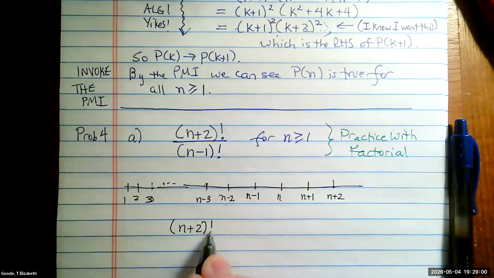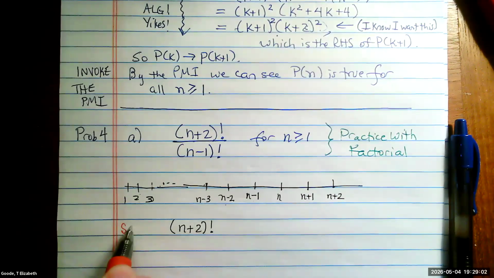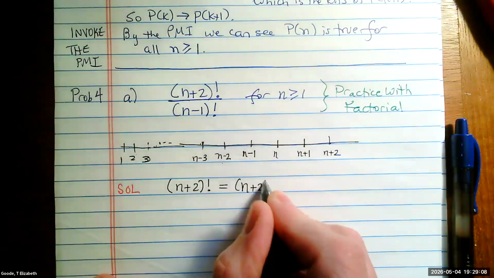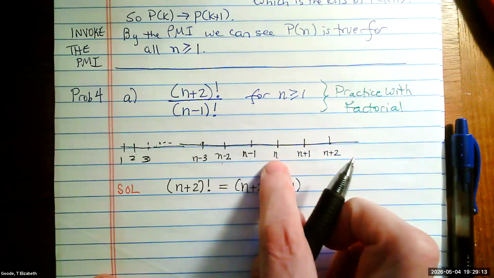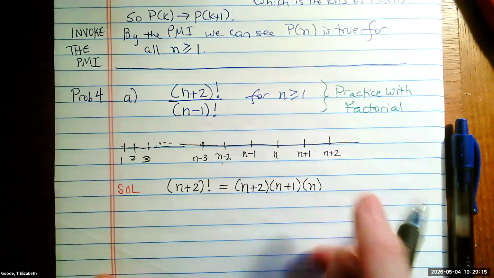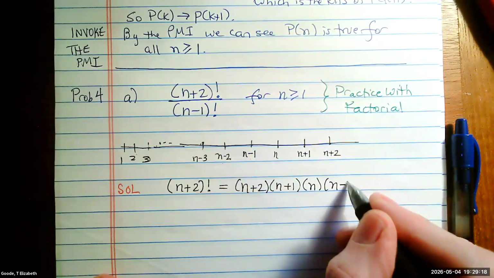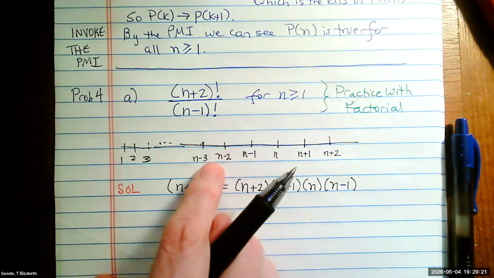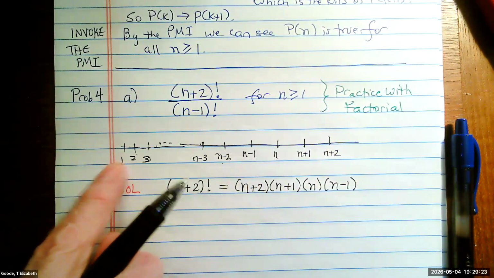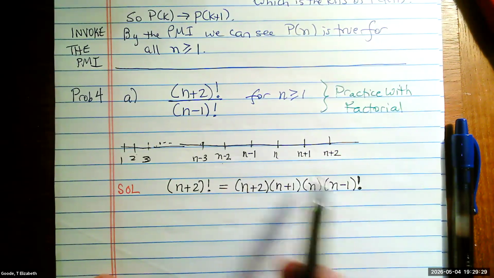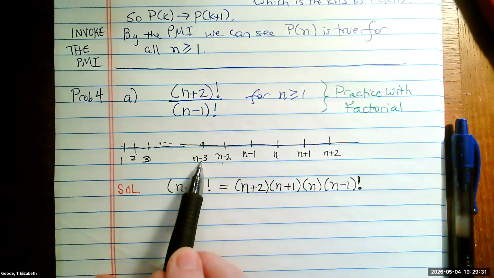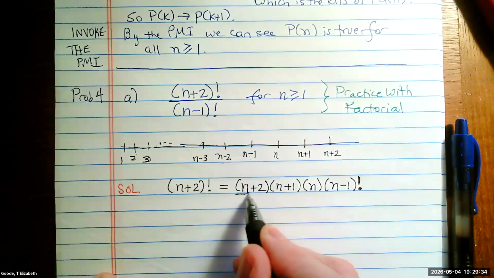So n plus 2 factorial, we can write it as n plus 2 times the integer before, n plus 1, times the integer before that, n, times the integer before that, n minus 1. And instead of writing all the rest of the ones down to 3 times 2 times 1, we can just put the factorial there, because that's what n minus 1 factorial means. It means n minus 1 times n minus 2 times n minus 3, keep going, right?